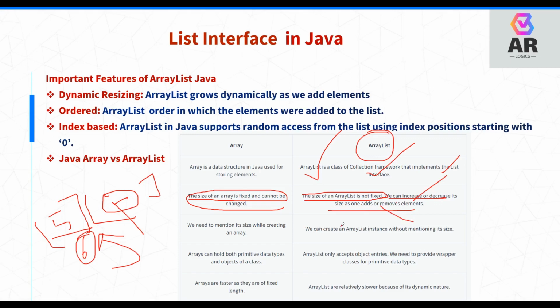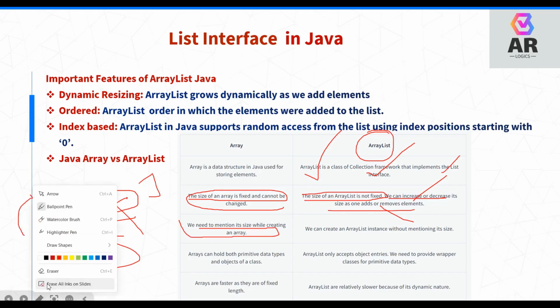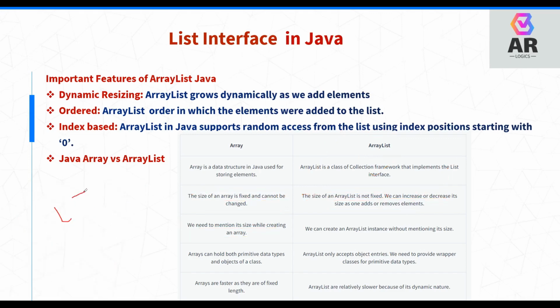You need to mention the size of an array while declaring it, 5, 6, something like that. For an array list, you create it without mentioning the size. We don't want to mention the size here.